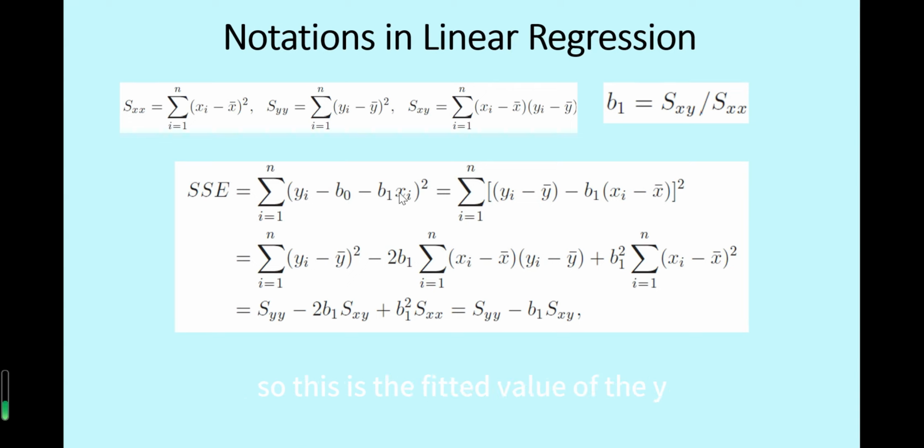We square this error term and sum it, and call it SSE. So SSE equals SYY minus B1 SXY.